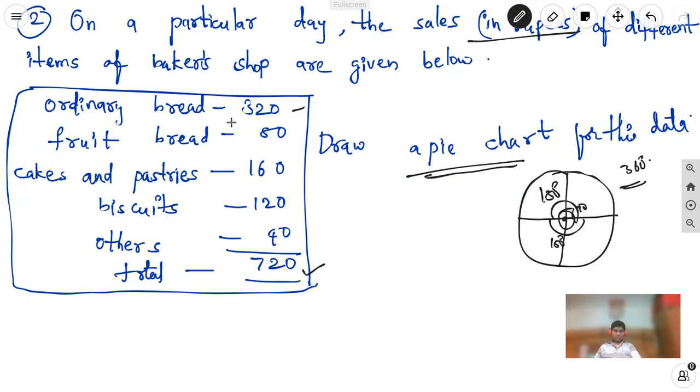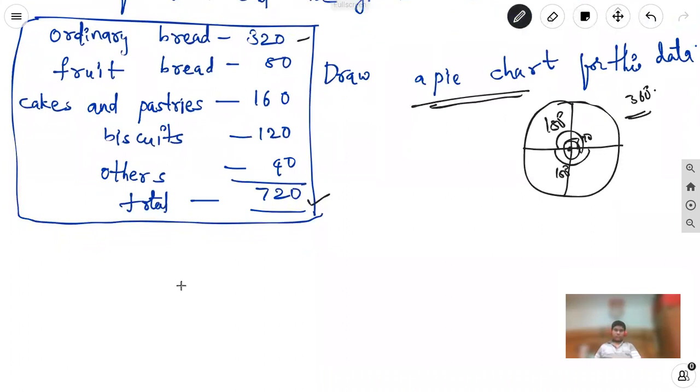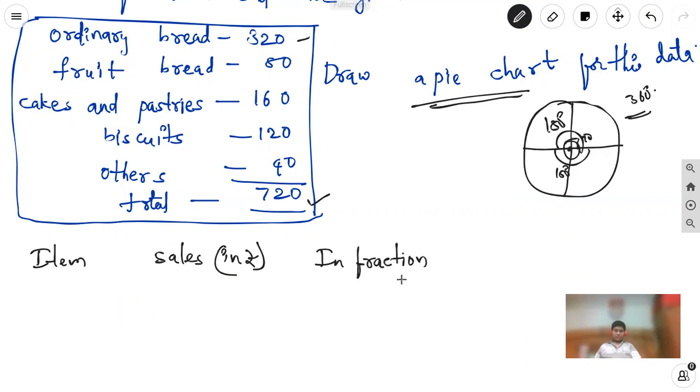Next, we can take the tabular form for finding the angles for different items. First, we write the item name. Next, write the sales in rupees. Next, we write in fraction, what we are getting for total sale.